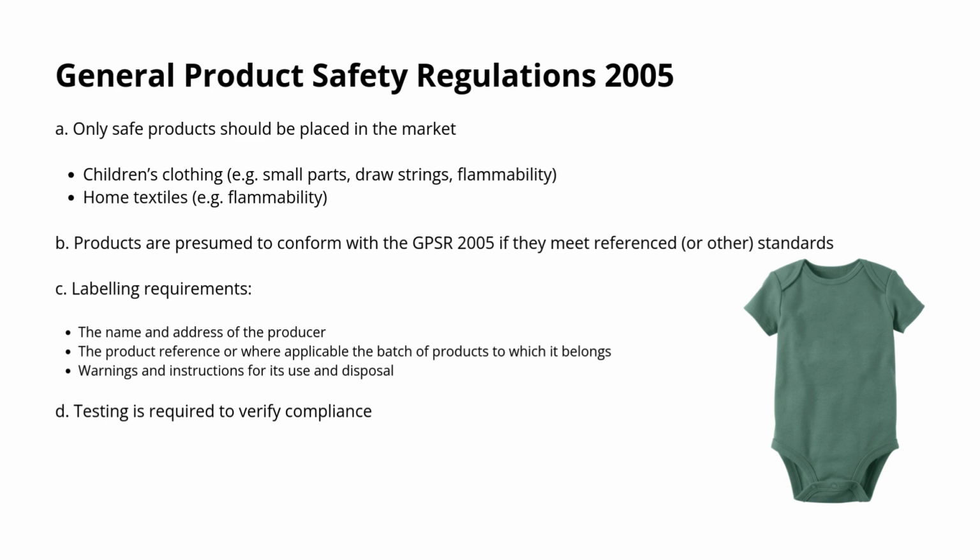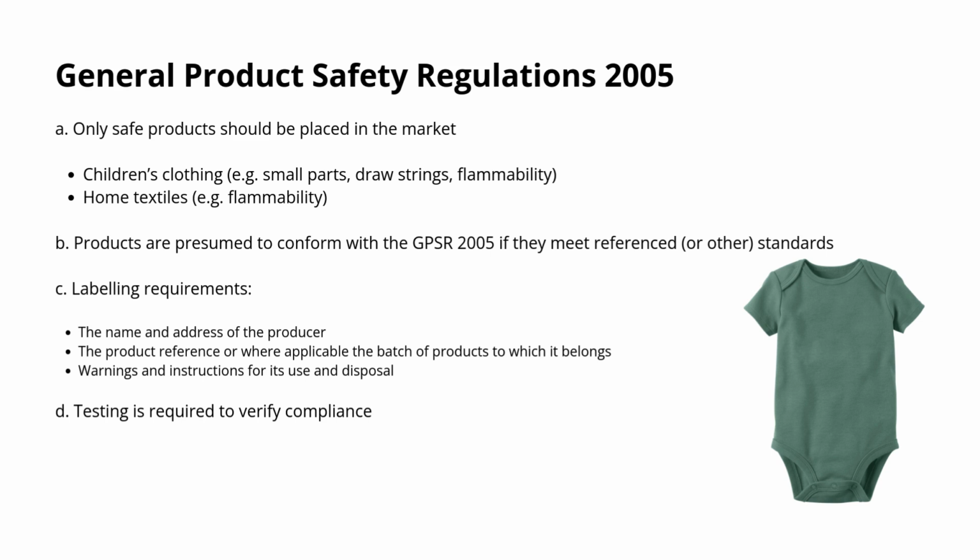In order to comply with the GPSR, the best way and the expected way is that you identify product standards. These could be referenced under the GPSR 2005, but it could also be non-referenced standards. But essentially, it's up to you as a producer, which could be a manufacturer or importer, to ensure that you follow some sort of safety criteria, which is usually defined under product standards, which I will get to in a bit.